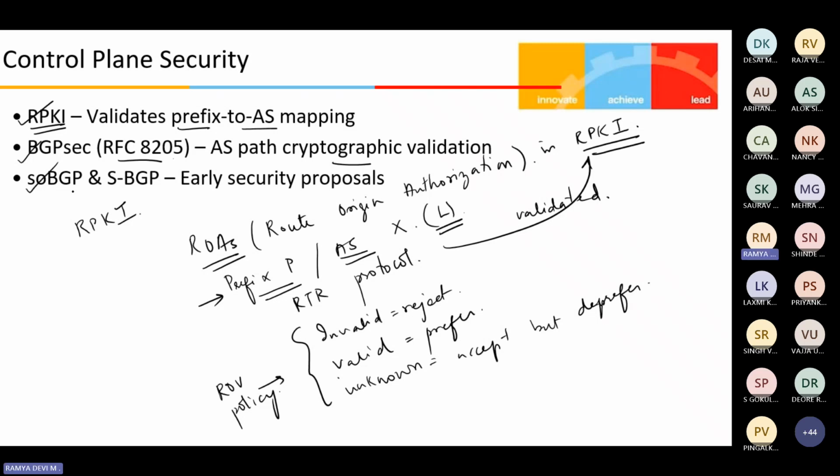And the third one, S-BGP and soBGP. These act as early security proposals. Both tried to secure BGP before today's RPKI and BGPsec directions were standardized.